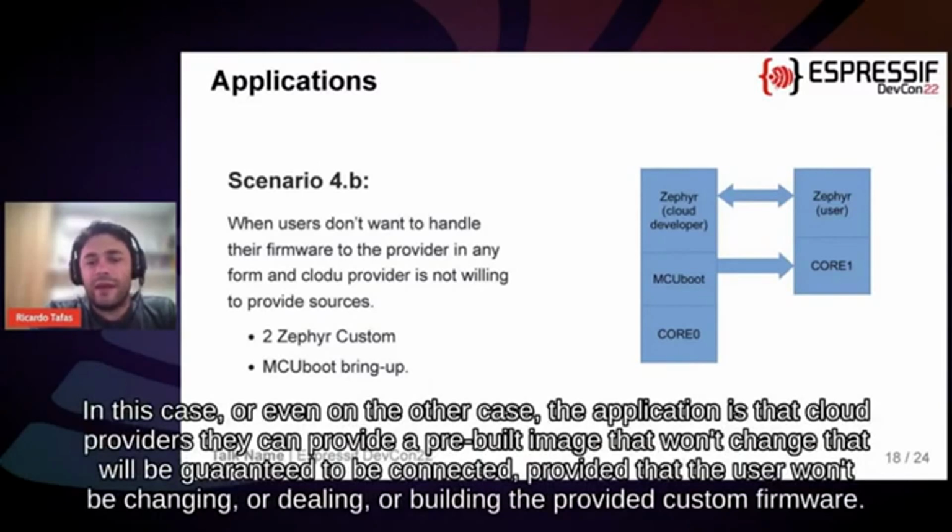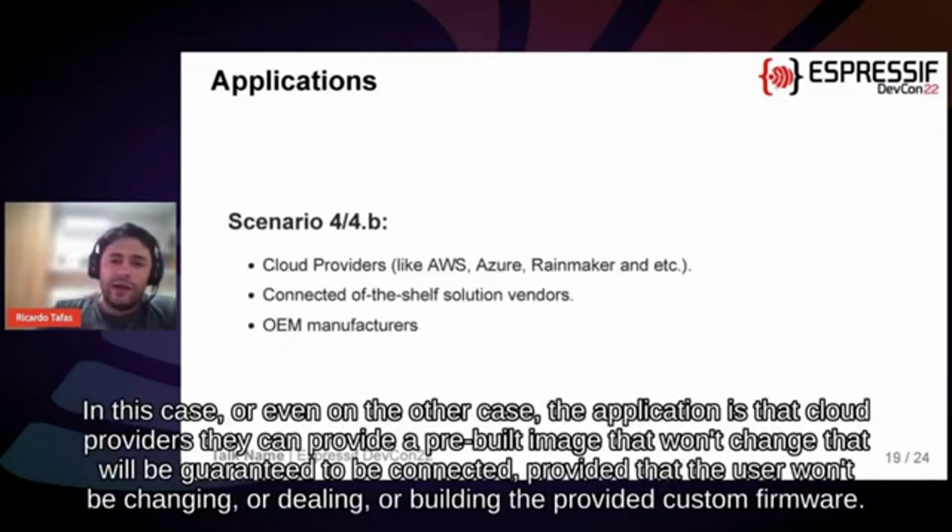So in this case, or even in the other cases, the application is that cloud providers can provide a pre-built image that won't change, that will be guaranteed to be connected, provided that the user won't be changing or building the provided firmware.